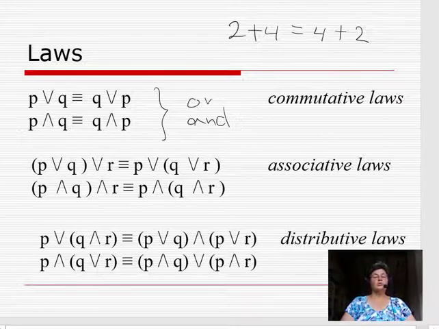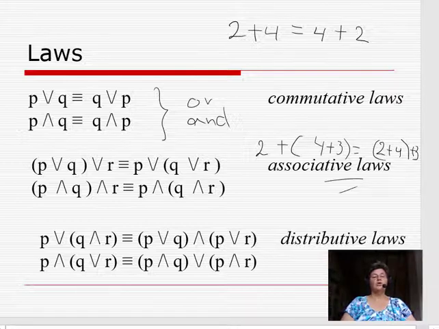Associative means that we can put the brackets anywhere we like. So 2 plus 4 plus 3 would be the same as 2 plus 4 in brackets plus 3. Associative law. And again, that also applies for the or as well as the and.